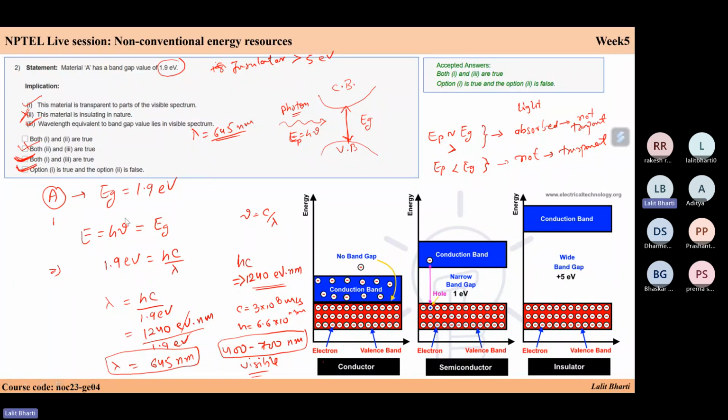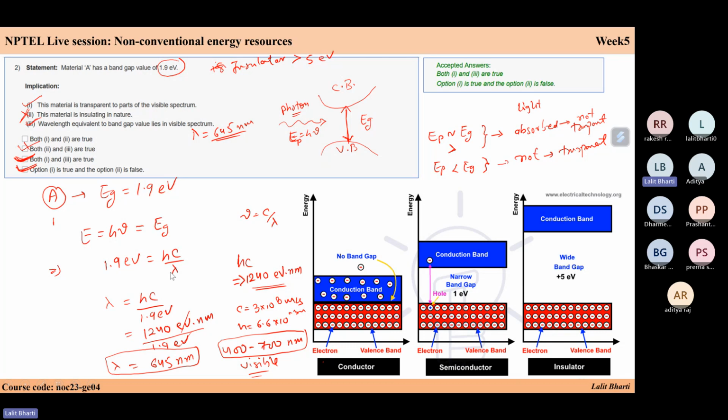So let's say EG is equal to 1.9 electron volt. Then use this simple formula and try to find the wavelength in nanometers. So let's say you get the wavelength of 645 nanometers, and the visible spectrum range is 400 to 700. So your wavelength from your band gap is coming in the region of 400 to 700, or in the visible region.